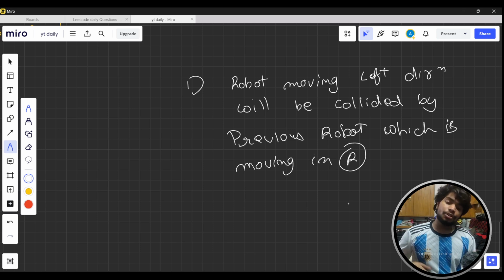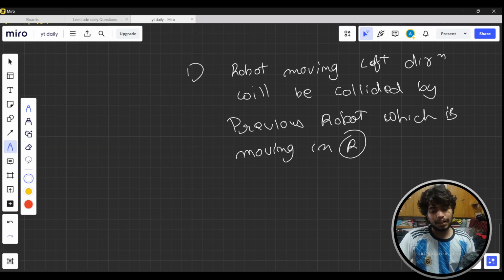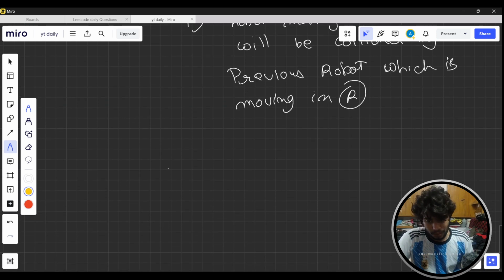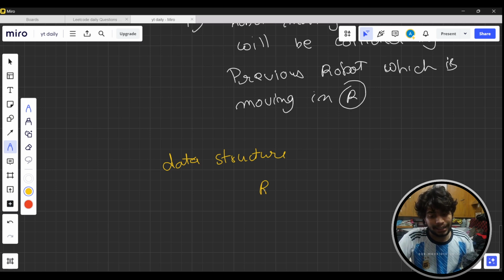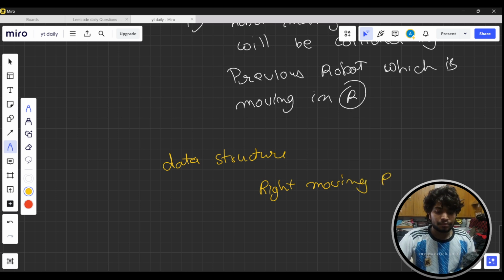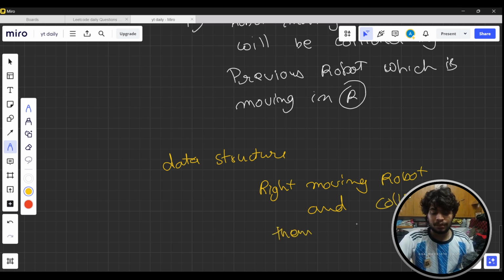Can I use a data structure in which I will store my right moving robots and collide them when a left one is present?